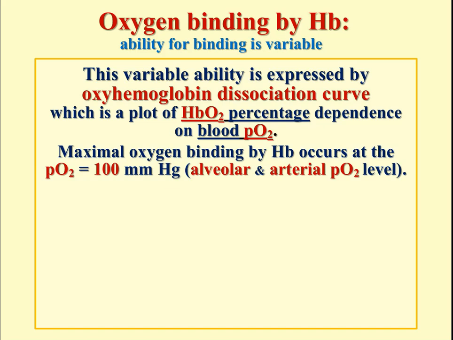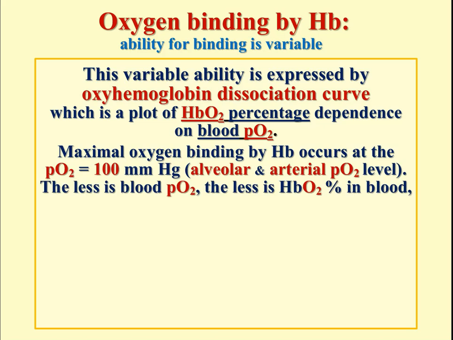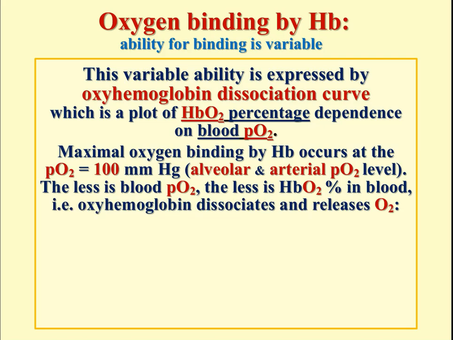So when blood passes through alveoli, its PO2 is 100 millimeters mercury, and then hemoglobin binds oxygen maximally. But when PO2 becomes less, as it occurs when blood enters the systemic arteries, arterioles, and especially capillaries, oxyhemoglobin content decreases because oxyhemoglobin dissociates and releases oxygen.